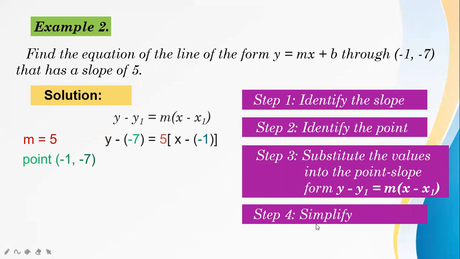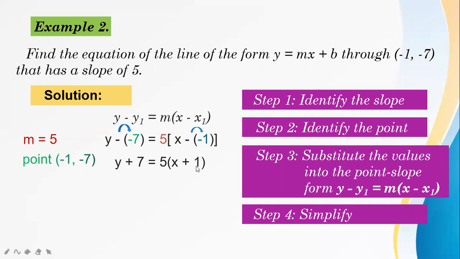And then after that, you simplify. That will be your last step. So multiply negative to negative 7, then multiply negative to negative 1, and therefore we have y plus 7. Negative negative is positive. Then we have 5, then x plus 1.